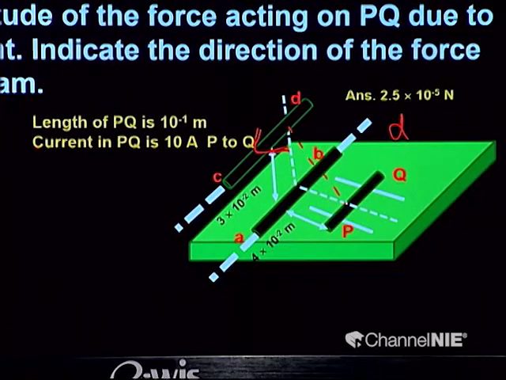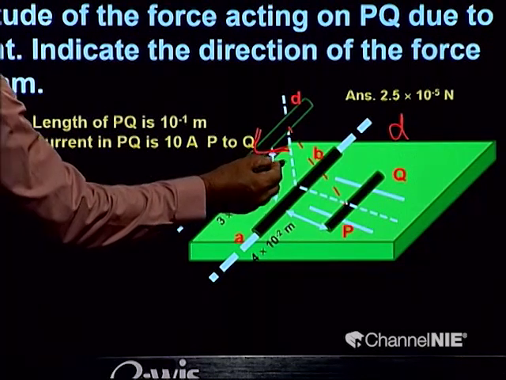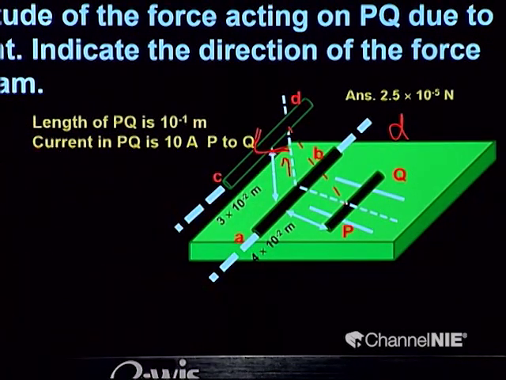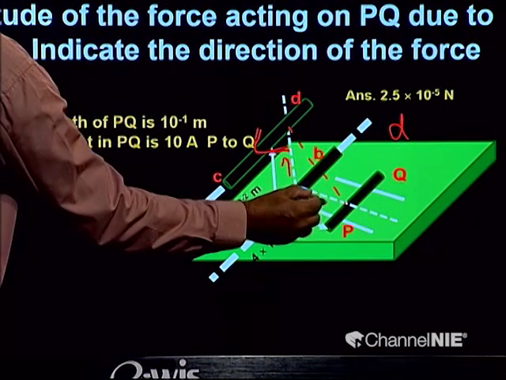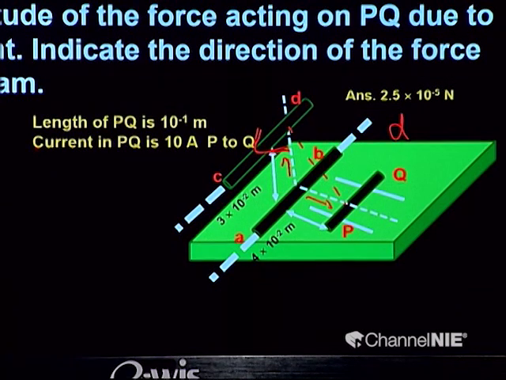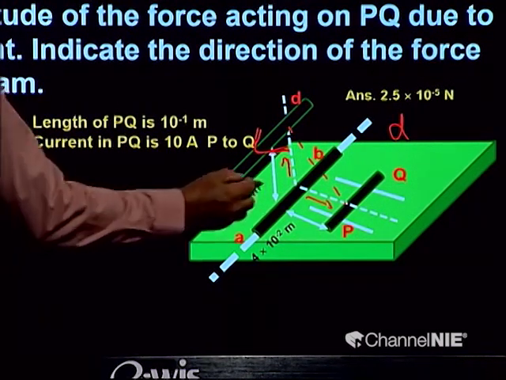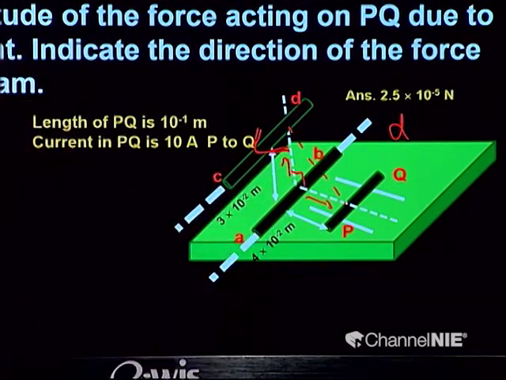If we take this distance D, you can find the value of D, because this length is 3 into 10 to the power minus 2 and this one is 4 into 10 to the power minus 2. This is a right angle, therefore you can apply the Pythagoras theorem and find the value of D.